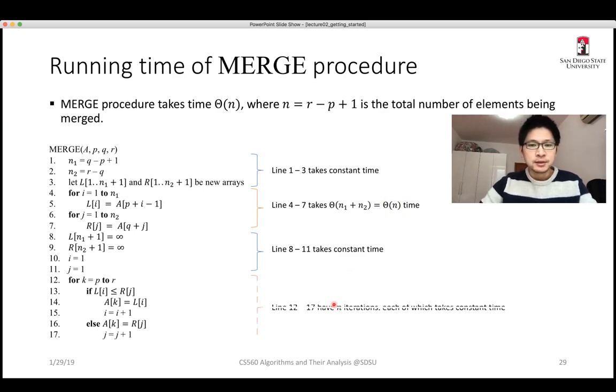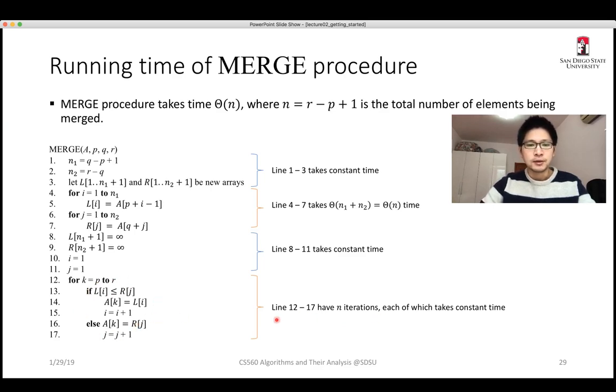And lastly, from line 12 to line 17, k iterates from p to r, which also has n iterations. Within each iteration is just an if and else statement, with no inner for loops involved.